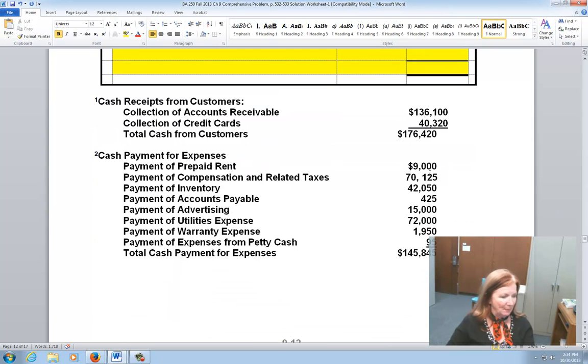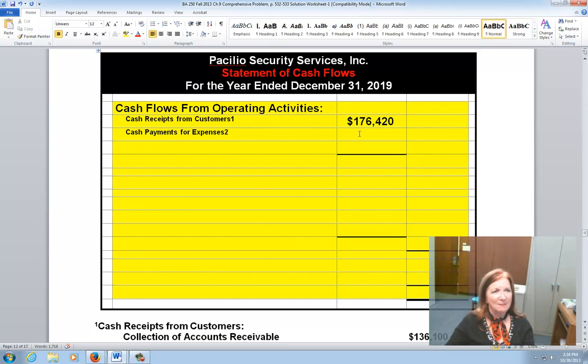And remember, all of these are payments, so these are all negatives. So I'm going to come up here, and this is going to be payments for expense, and I'm going to put in negative $145,845, in brackets, indicating that that's a subtraction.